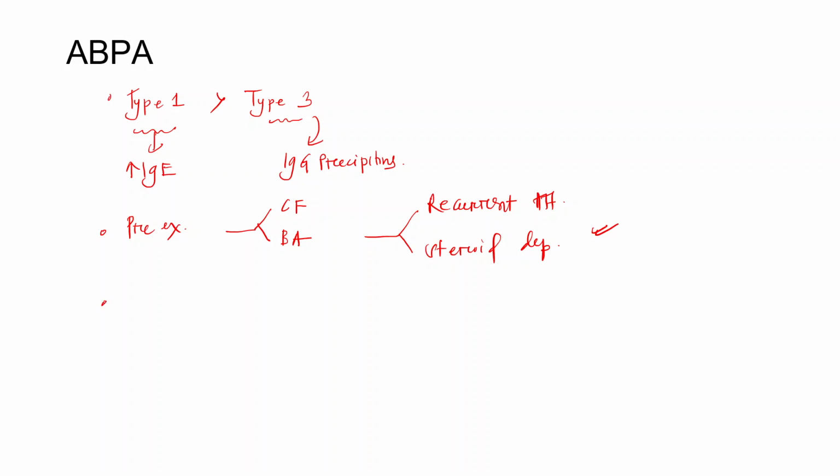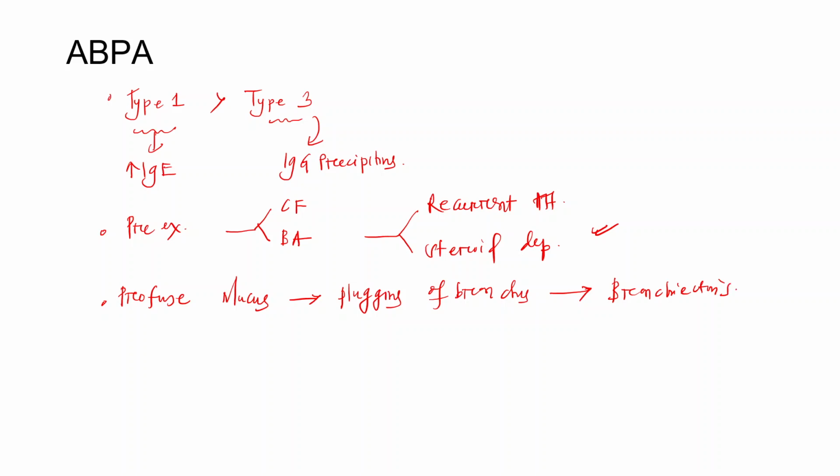Here there is profuse mucus production that leads to plugging of the bronchus, and this bronchial obstruction will lead to bronchiectasis. So ABPA is an important cause of bronchiectasis. Clinical features I have already told.